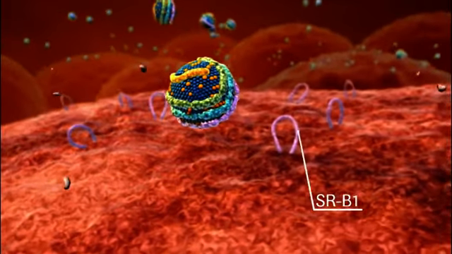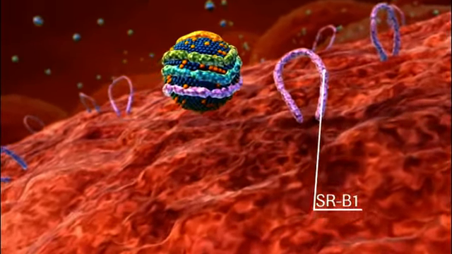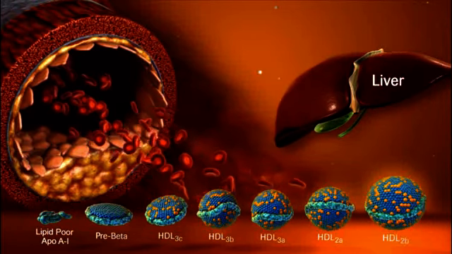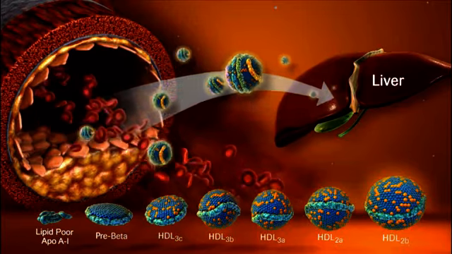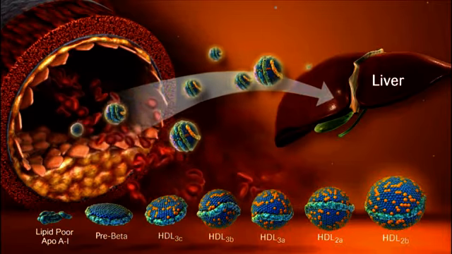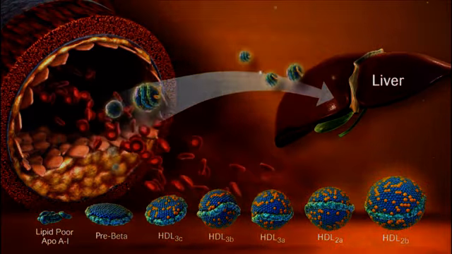Ultimately, cholesterol stored in large, mature HDL2 particles is efficiently taken up by hepatic receptors and further metabolized by the liver. The various HDL subclasses thus have unique biological activities that contribute to the overall function of reverse cholesterol transport. An abnormal distribution of HDL subclasses may result in impaired reverse cholesterol transport and accelerated atherosclerosis.